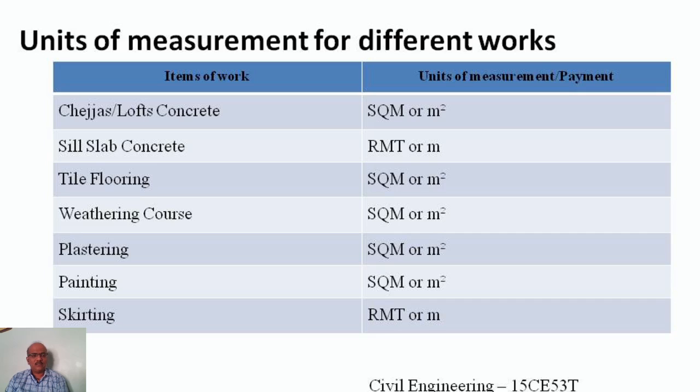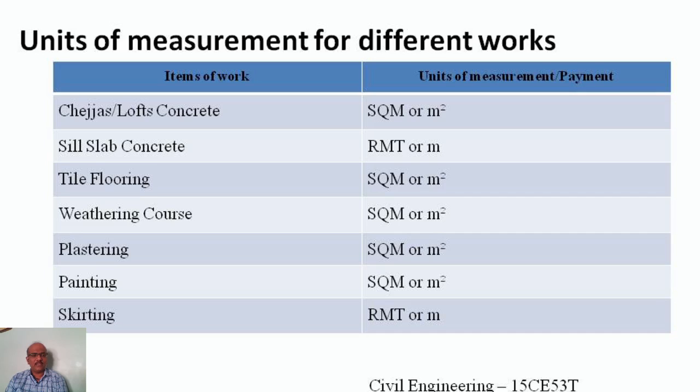The tile flooring, vitrified tile flooring, granite flooring, marble flooring, or concrete flooring, all types of floorings are measured in square meter because the thickness is specified, so only length and width are taken for the measurement, and those items are taken in square meter. And weathering course is also measured in square meter.